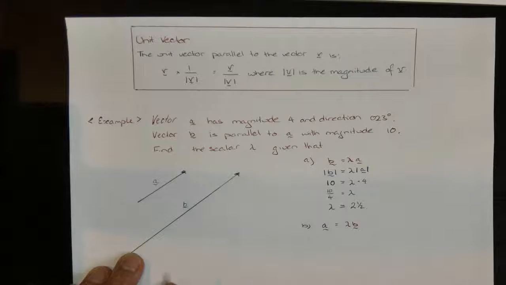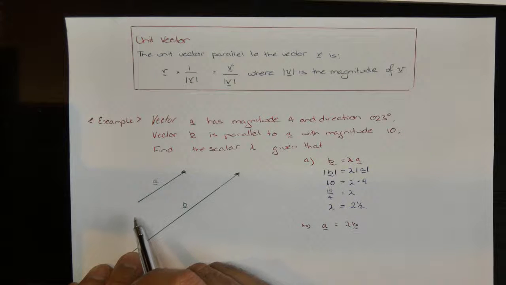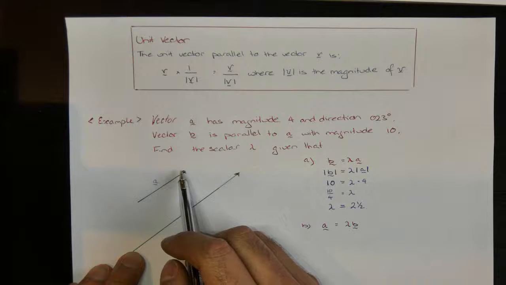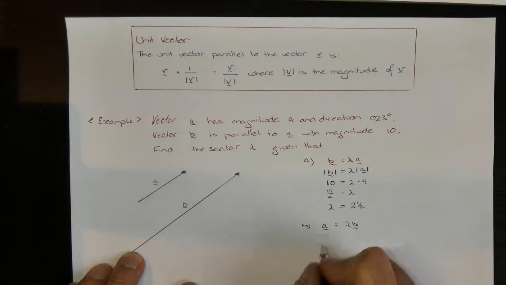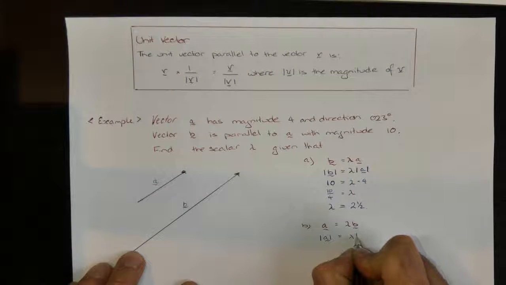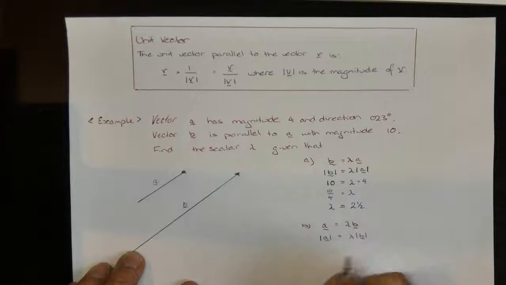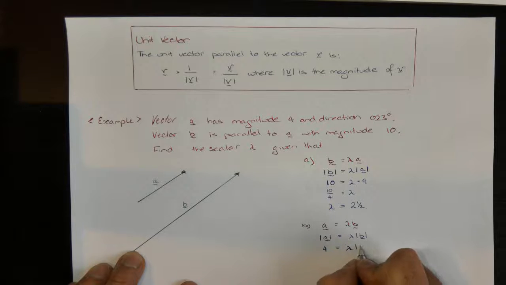I go from A, I times vector A by 2.5 to get B. All right, now I want to go the other way. I want A represented as a lambda of B. So my mod of A equals lambda times mod of B. So we know A is 4, and we know B is 10.